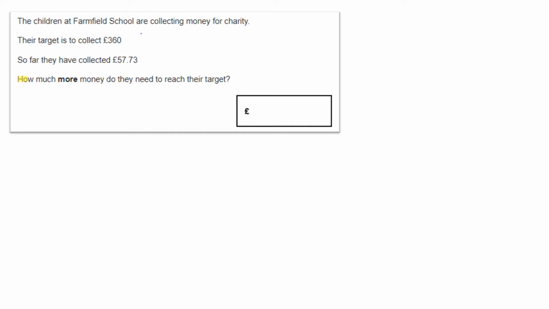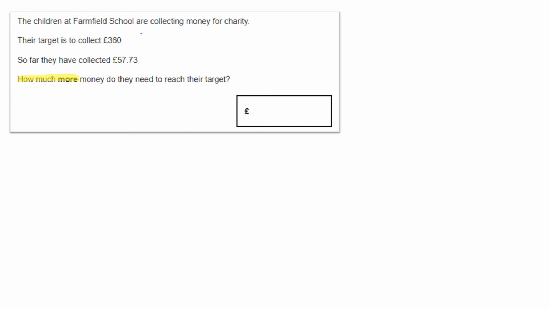Now I'm going to just highlight this bit here. How much more? That is one of our lovely phrases that we come across in our reasoning questions, and that's really great because we know exactly what one of the operations is that we're going to have to do. I should have said that all the questions are 2-mark questions, and maybe a 3-mark question, so you know that you're going to have to do more than one step to solve these.